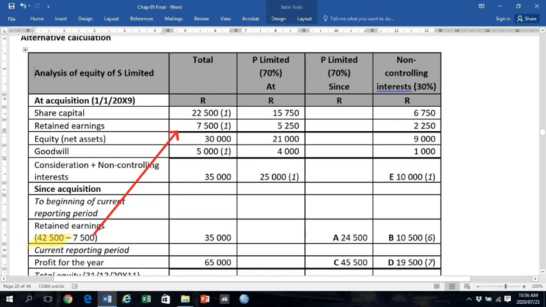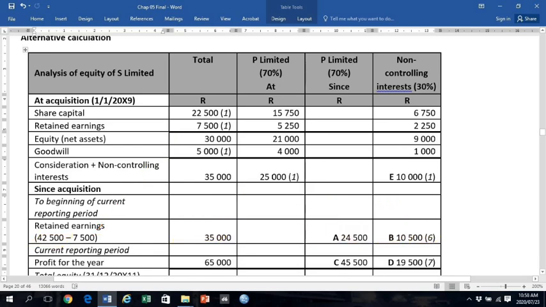It was the parent that was the selling entity, therefore that 400 Rand is not taken into account on the analysis. That then gives you the total retained earnings that is allowed to be in the group, that then gets attributed to the parent and NCI. Please remember these amounts, as we will use them when we do the statement of changes in equity.